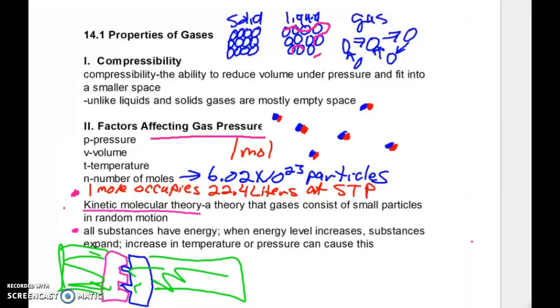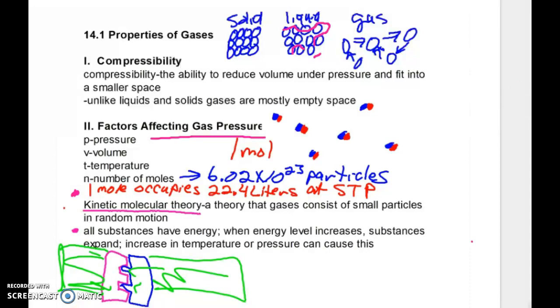One mole of anything is 6.02 times 10 to the 23rd particles, and 1 mole at standard temperature and pressure always occupies 22.4 liters, and that's true of any and all gases. So we're going to talk about calculations between pressure, volume, temperature, and number of moles as we go through this.